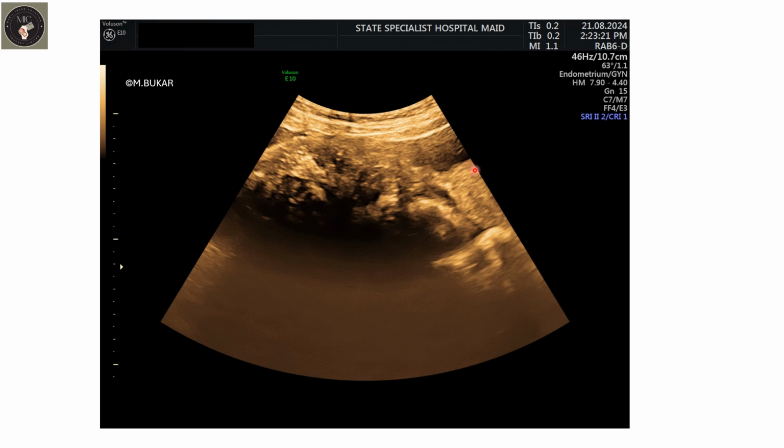Bladder. In the right corner, you can see the tube, and this huge solid right adnexal lesion with extensive shadowing, such that one cannot see the lower portion of this lesion because of extensive shadowing.